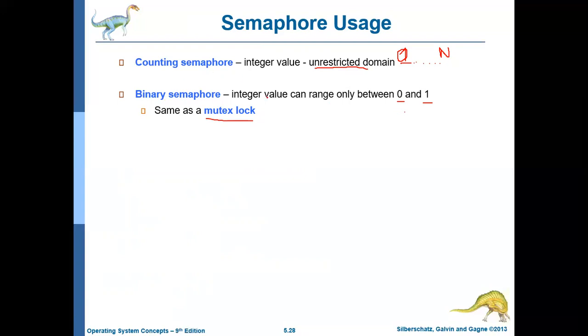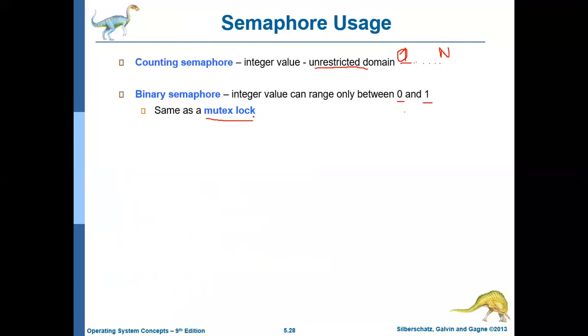Binary semaphore will take integer values between 0 and 1, and counting semaphore can take integer values over an unrestricted domain. Basically semaphores are used to access shared resources without any conflict.